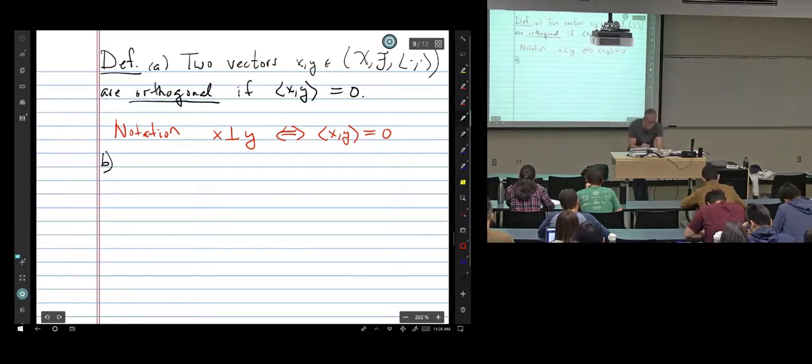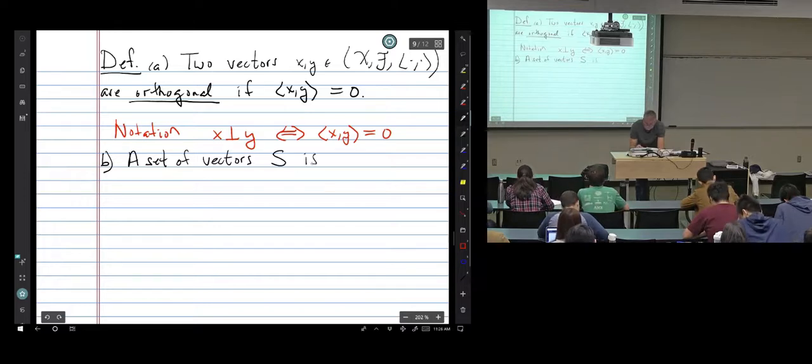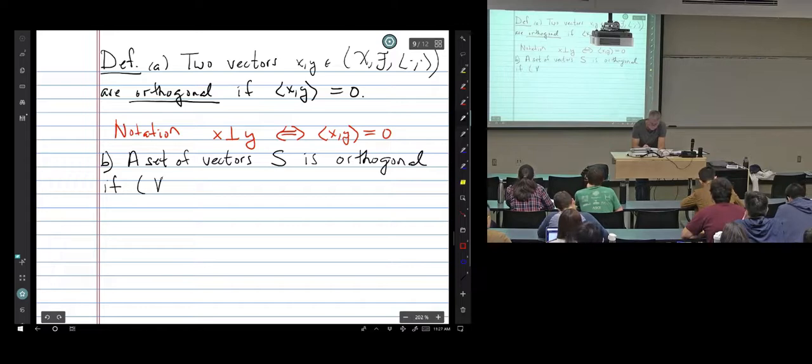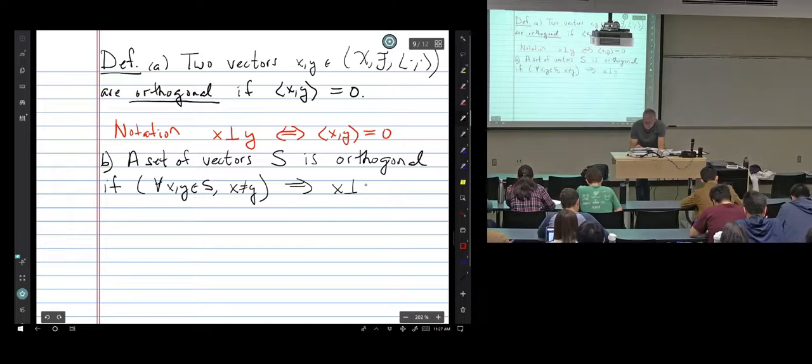B, a set of vectors S is orthogonal if I take pairs of vectors in S that are not the same, that needs to imply x is orthogonal to y.